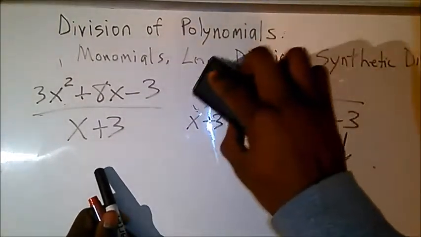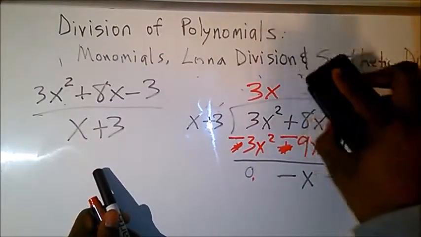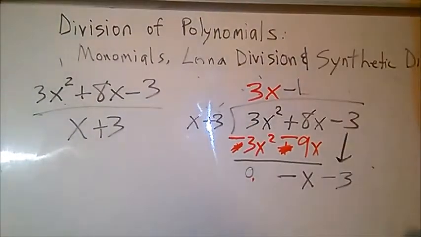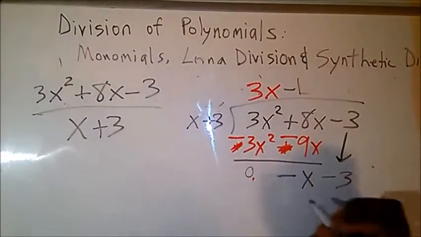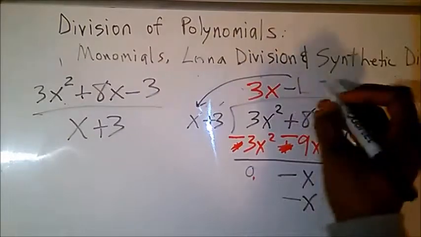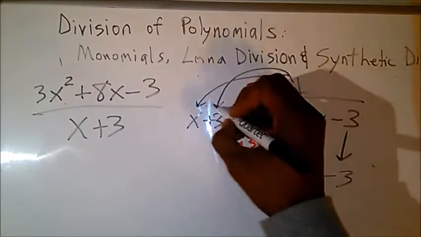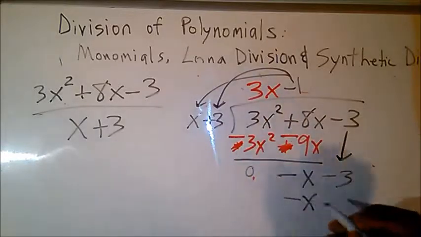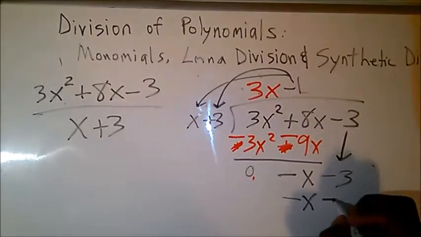Our answer will be negative 1. Negative 1 times x equals negative x. Then we do it again. Negative 1 times 3 is equal to negative 3.